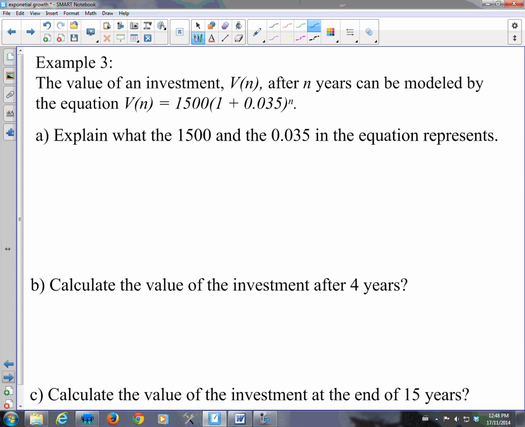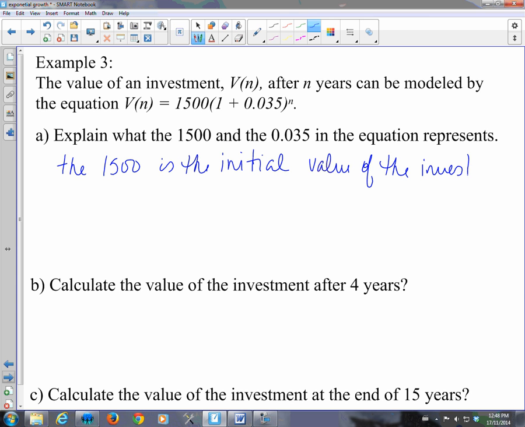Okay, so that number in front of the bracket is always the initial value. So the 1,500 is the initial value of the investment, or what they started with or invested.